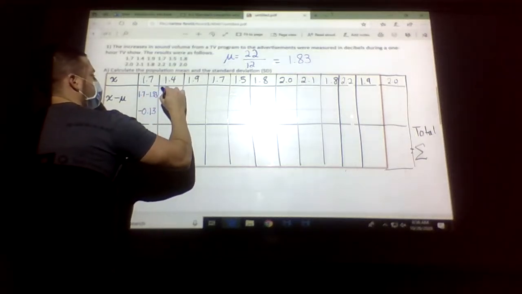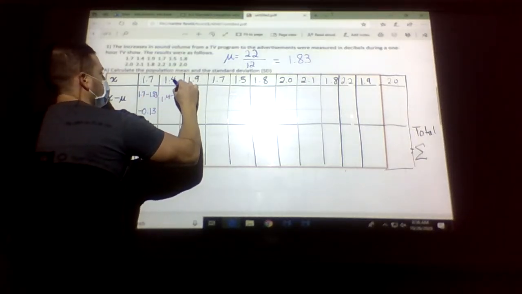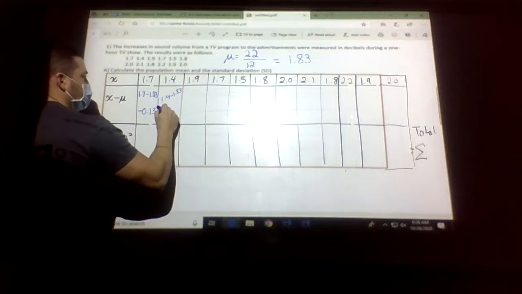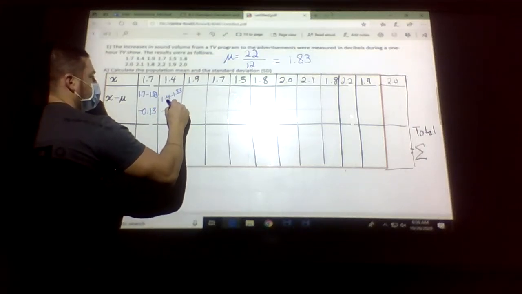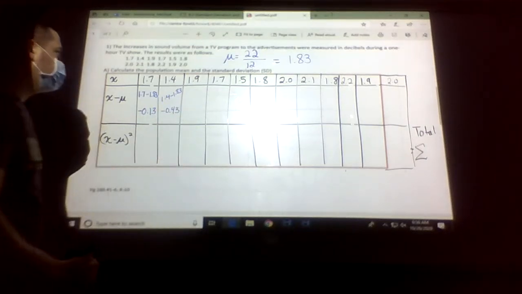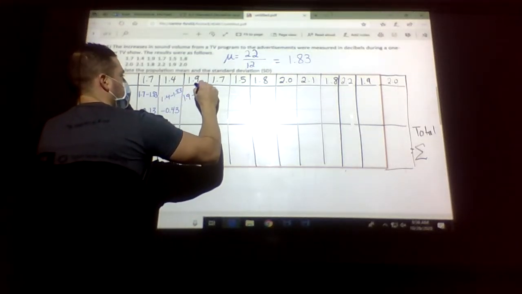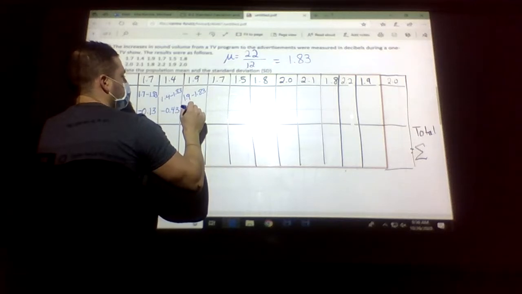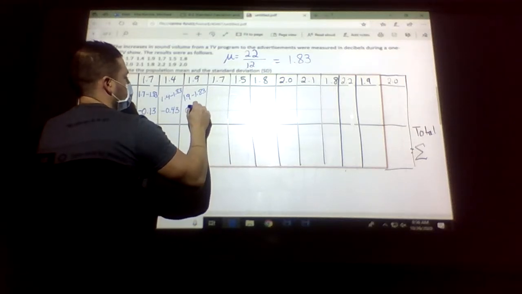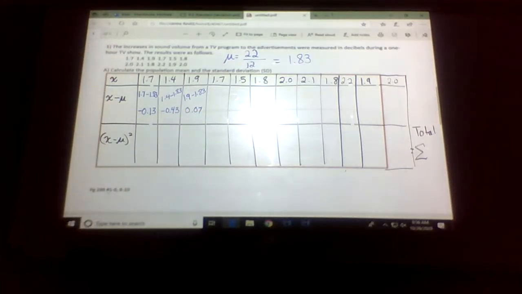Then 1.4 minus 1.83 would be negative 0.43. And 1.9 minus 1.83 gives you 0.07. So we're taking each one and subtracting the average.